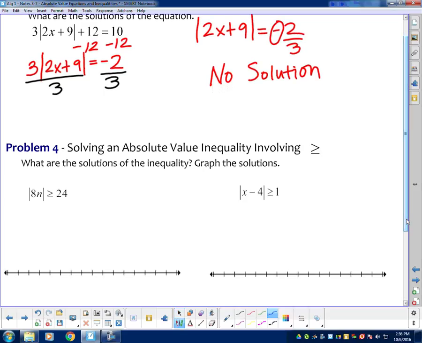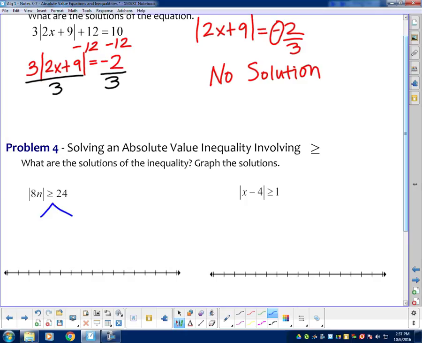Okay, these are regular ones. So when I have an absolute value and an inequality, when I change my 24 to negative, what do you think happens to my inequality? Yeah, good. So the first one again, I just take the bars off.